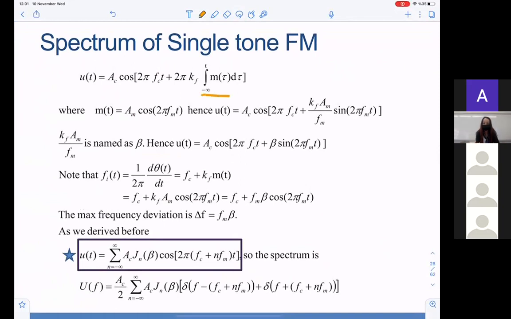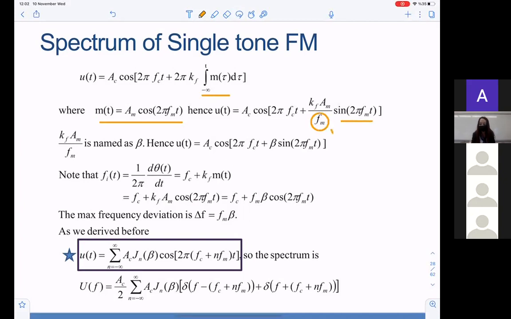First of all, let's keep the signal as general M of t. You will remember that in FM, the phase is related to the integral of the message. When the message is a cosine, the integral is a sine, and we have FM appearing at the denominator.